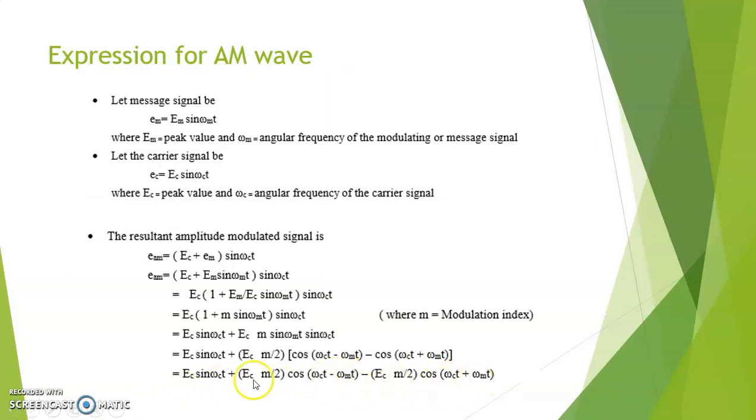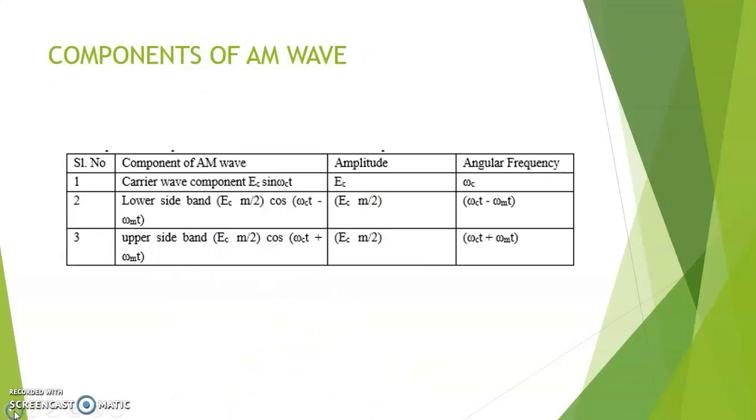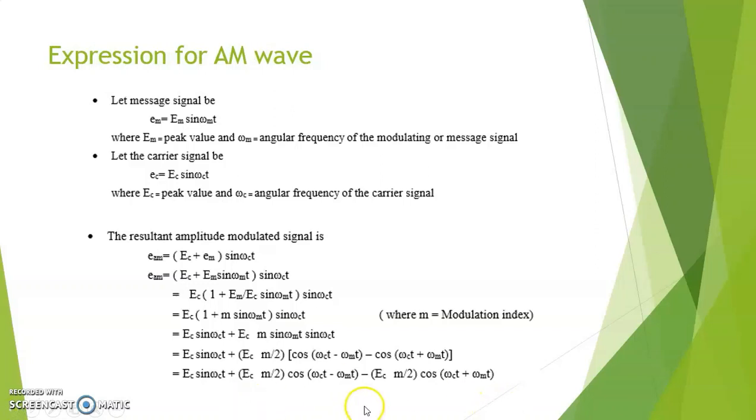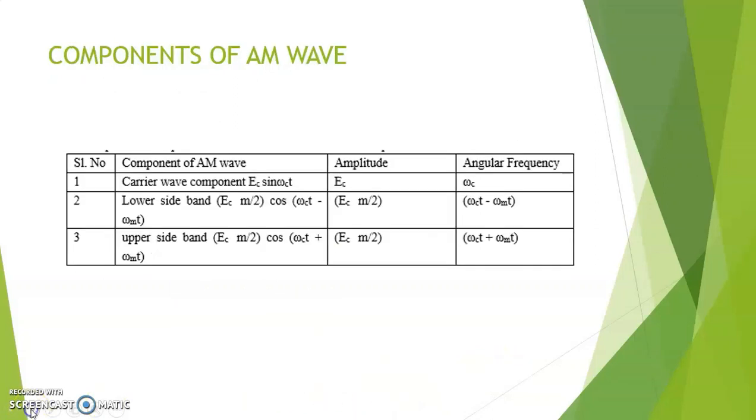So we just studied what these 3 terms are. The first term is the carrier component. Then we have what is called the lower side band given by this expression. And we also have the upper side band given by this particular expression. So that is what the 3 components of the AM wave are all about.